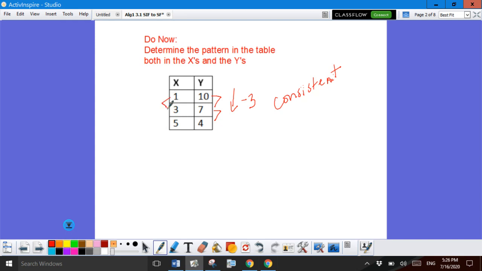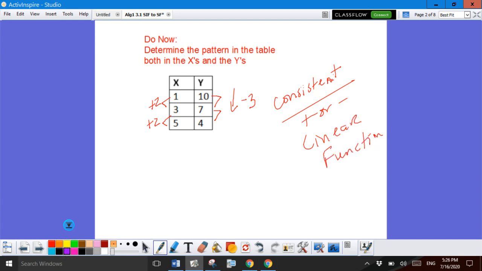Now let's take a look over here. From 1 to 3, 3 to 5, this is plus 2, and so is this. So I know that since these are both consistent and they're adding or subtracting, then I know we're looking at a linear function.